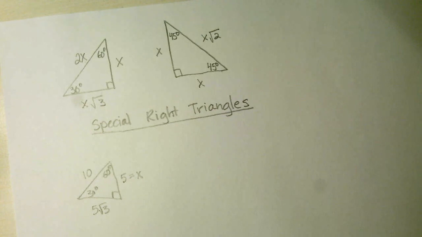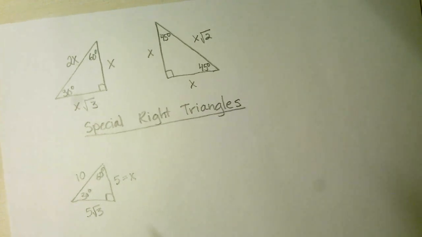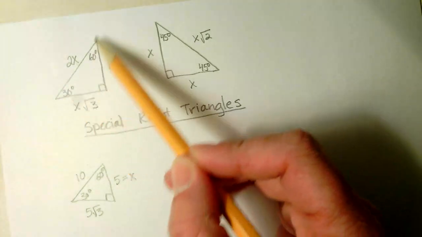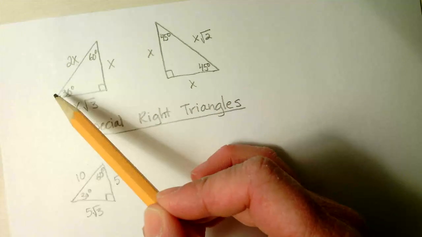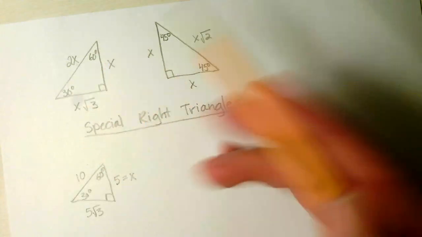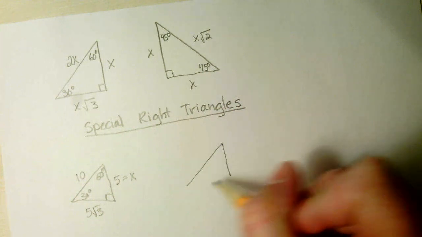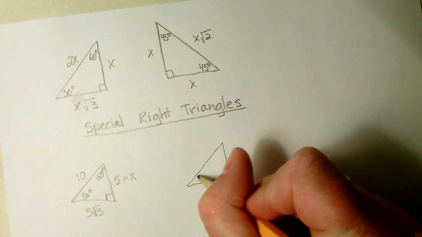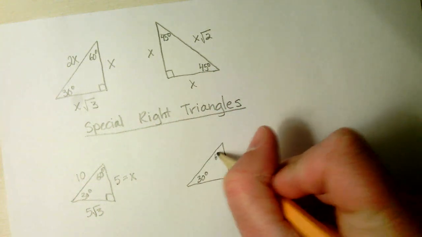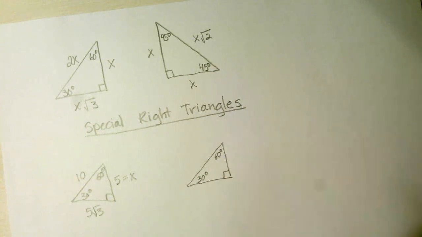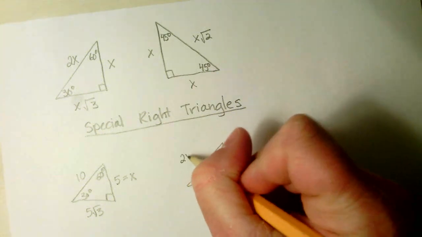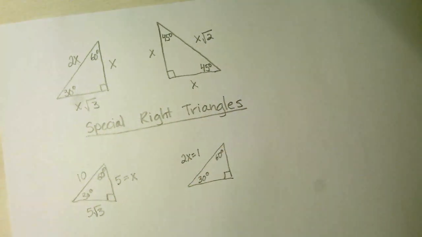So we are going to use that fact to get the hypotenuse of our triangle to be 1. The way I'm going to do that for my 30, 60, 90 triangle is I want 2x to be equal to 1.